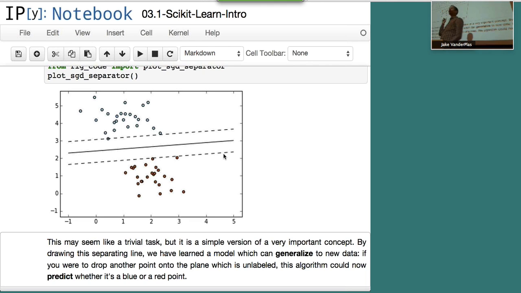And these machine learning algorithms will generalize up to lots of dimensions. So, if you plot 1,000-dimensional data, it might be hard for you to draw by eye a 999-dimensional hyperplane that splits those. But this algorithm can do that just as easily as it does it in 2 dimensions. So that's where the power comes in. So that's a classification task.